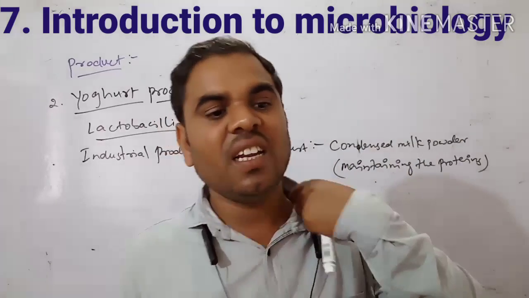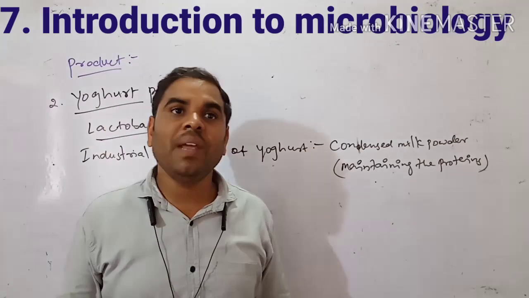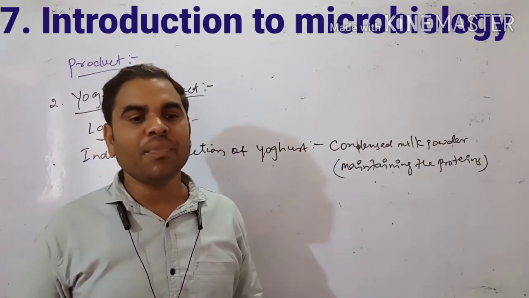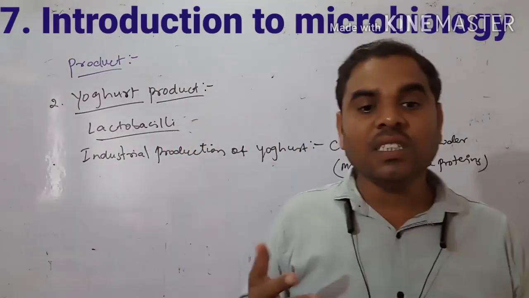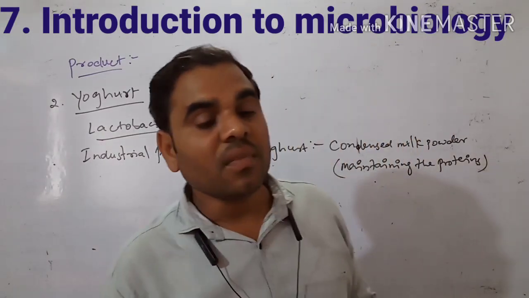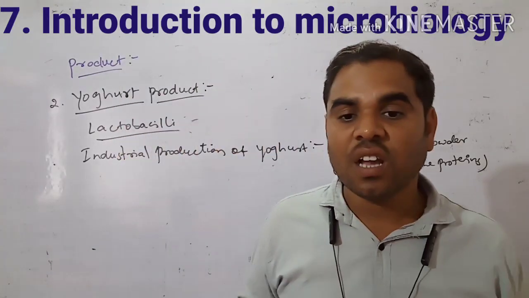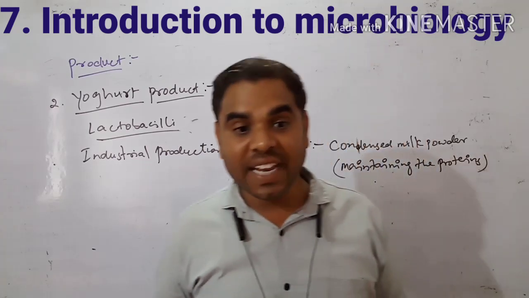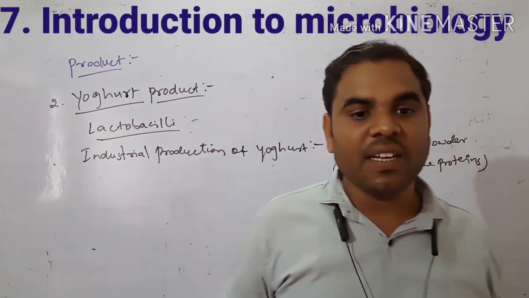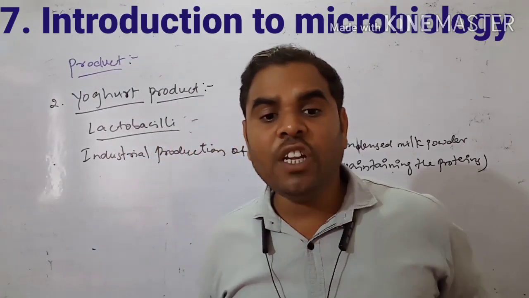And here, first we have to boil the milk. After that we have to cool the milk. And then we add Streptococcus thermophilus and Lactobacillus delbrueckii, in a 1:1 ratio.